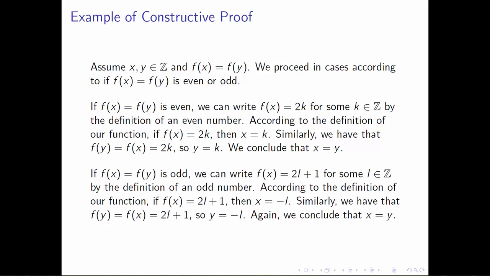If f of x and f of y are odd, they have the same value, then we can write f of x as 2l plus 1 for some l in the integers, and that's according to the definition of an odd number. This is our definition of what it means to be odd. Now, notice that I've switched from a k to an l. I used a k in the previous paragraph. I would probably be okay to use that k again.